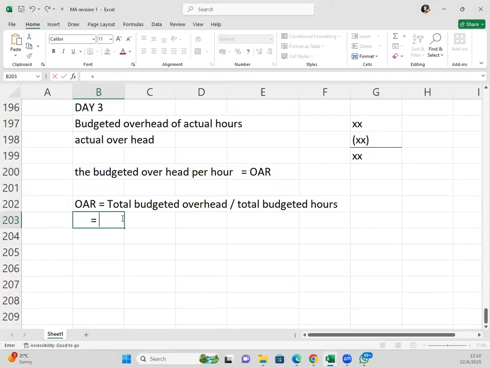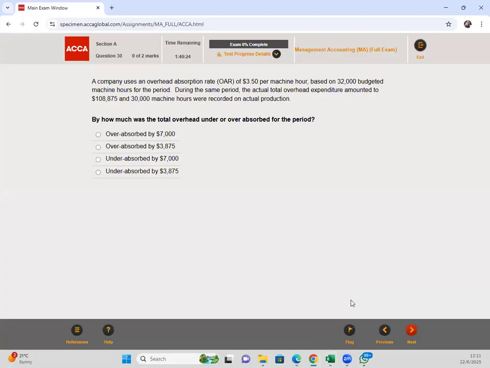Now, if we're going to apply that to the question, how much is the total budgeted overhead? A company uses an overhead absorption rate of 350 per machine hour based on 32,000 budgeted machine hours for the period.